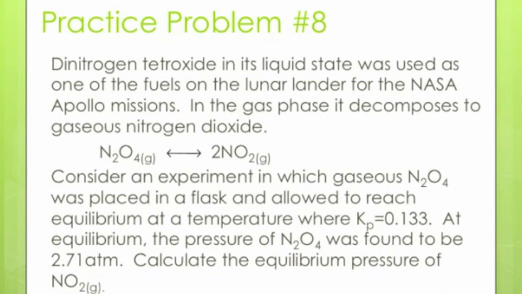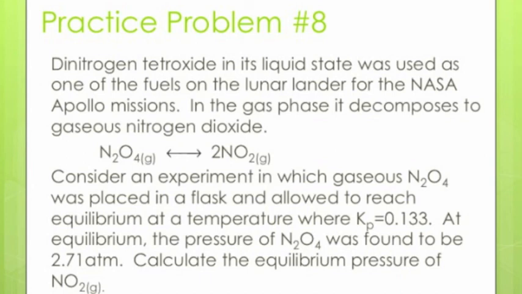So to approach this practice problem, we're going to work backwards from what we've done in the past. Since the reaction is already written for us, we just need to write the equilibrium expression for the law of mass action. This example has gases with pressures, so our equilibrium constant will be Kp rather than Kc.